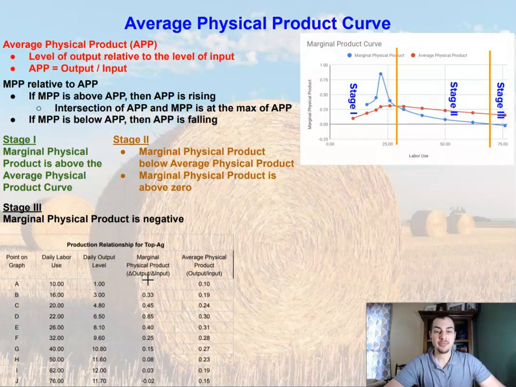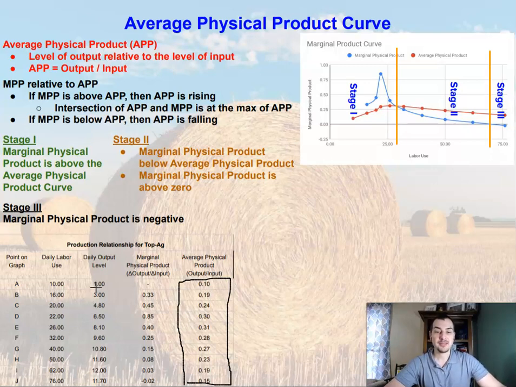So we talked about marginal physical product, as long as it's increasing, showing us the efficiency of an additional unit of labor, or an additional unit of that input, whereas average physical product is going to show us the overall efficiency of that input. So as long as average physical product is increasing, the overall efficiency on a per unit basis is actually increasing.